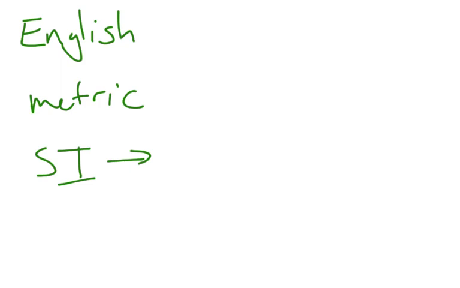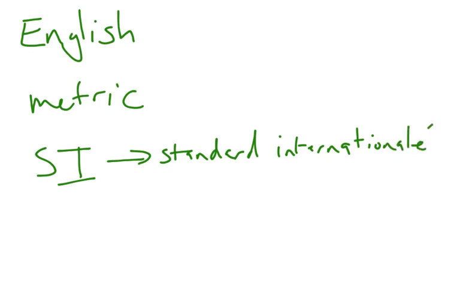SI actually stands for Standard International. And it's the one that we use in science. So it's this Standard International that we're going to be using in science and in this class.